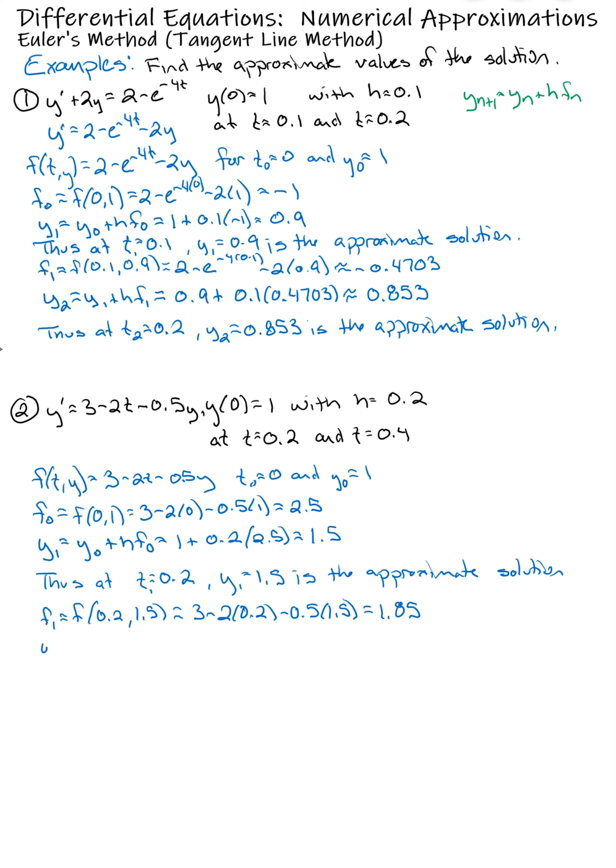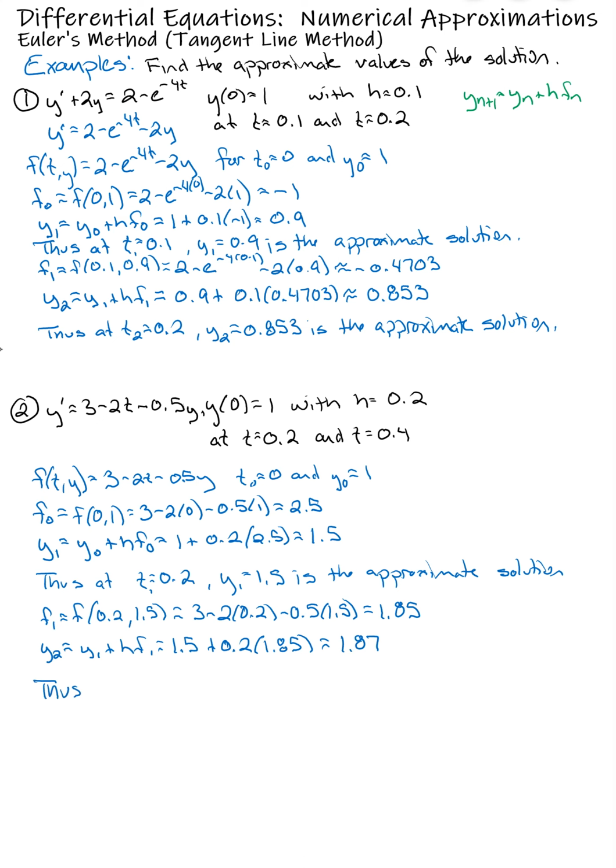Okay, so now we can figure out what y2 is. y2, again, is going to be y1 plus h times f1. Well, y1, we said, is 1 5/10 plus h, which is 2/10, times f1, which we just found to be 1 85/100. This one should end up giving us 1 87/100.